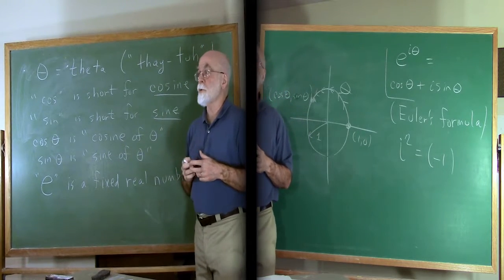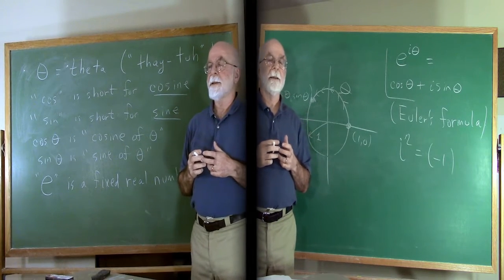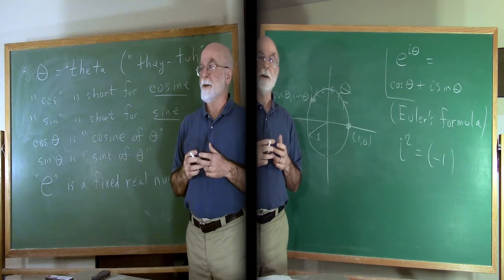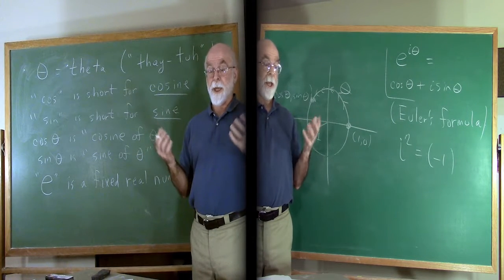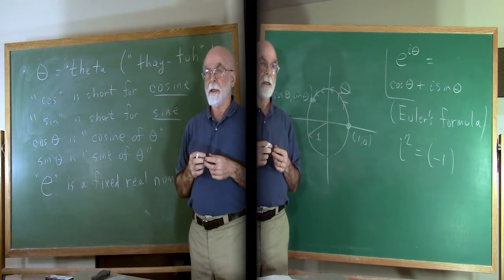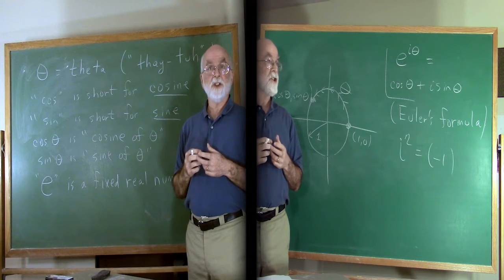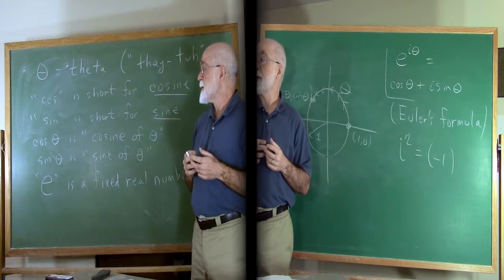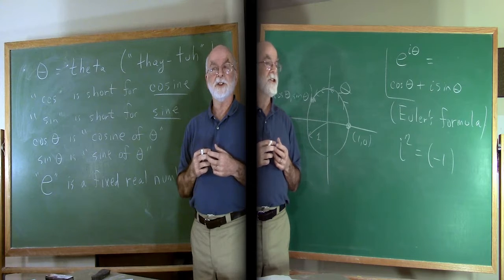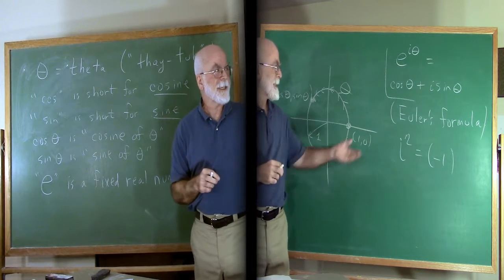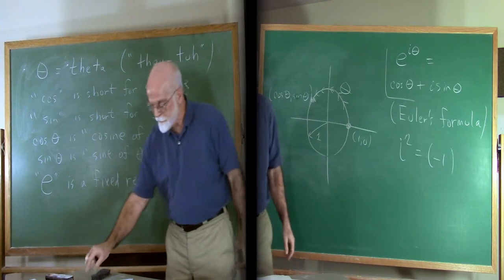I'm not going to tell you what it is. At the end of the lecture, we'll have a reference for everything, including E. But for this lecture, it actually doesn't matter what its value is. Just that it's sitting there in Euler's formula.